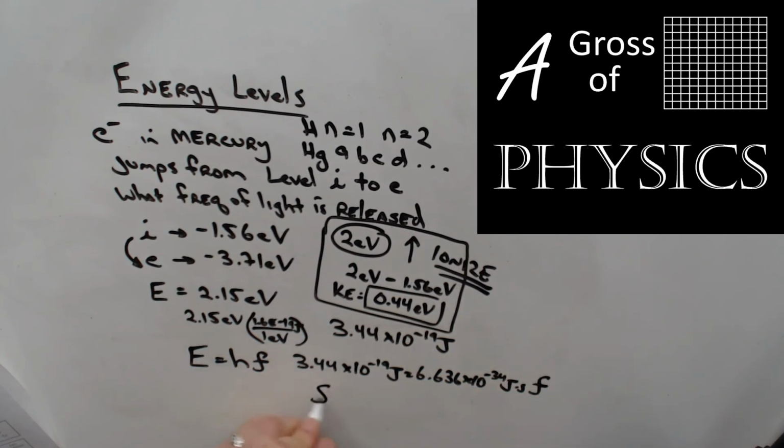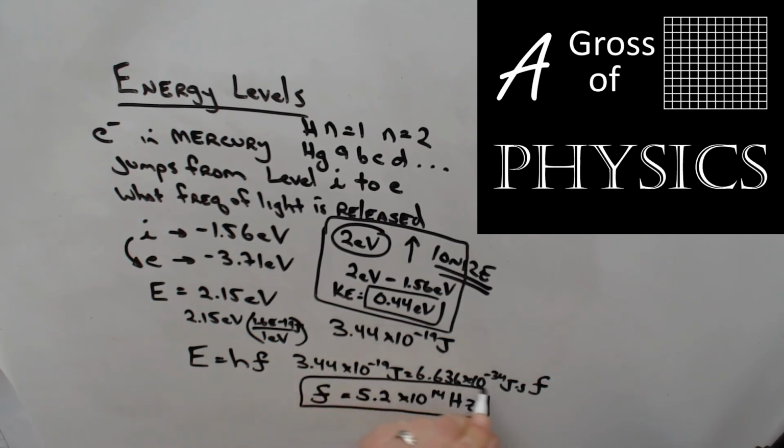And when I calculate the frequency, divide it by, and for our reference table, the value for h is 6.63. So I'll use our actual value on the reference table because they're going to use that to do multiple choice questions, and I want to make sure I have the right precision. So my answer is going to be 5.2 times 10 to the 14 hertz.